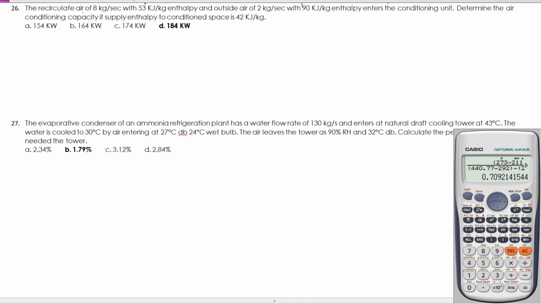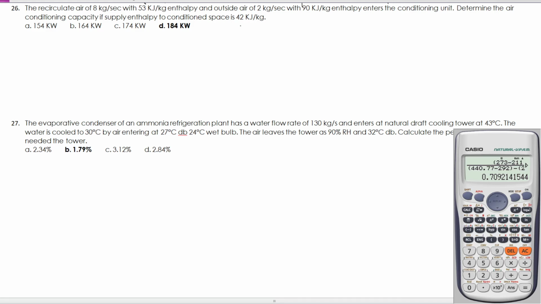The recirculated air of 8 kg per second with 53 kilojoules per kilogram enthalpy and outside air of 2 kg per second with 90 kilojoules per kilogram of enthalpy enters the conditioning unit. Determine the air conditioning capacity if supply enthalpy to be conditioned to the conditioned space is 42 kilojoules per kilogram.